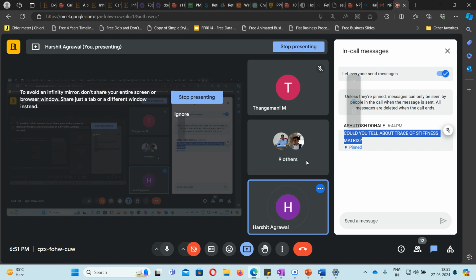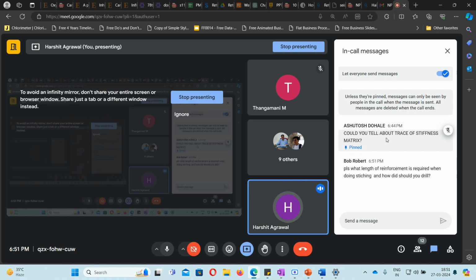This course was intended to tell you about repair and retrofitting methods, so that's why I stuck to that discussion in this session. If you want to know about what is the stiffness matrix and the trace of the stiffness matrix and all those things, you can go for that particular course. You can see some of my recordings also. I have taught structural dynamics in the past for some of the NPTEL courses also.